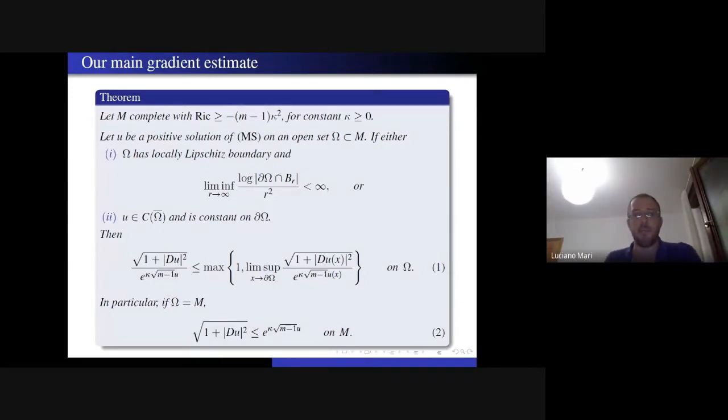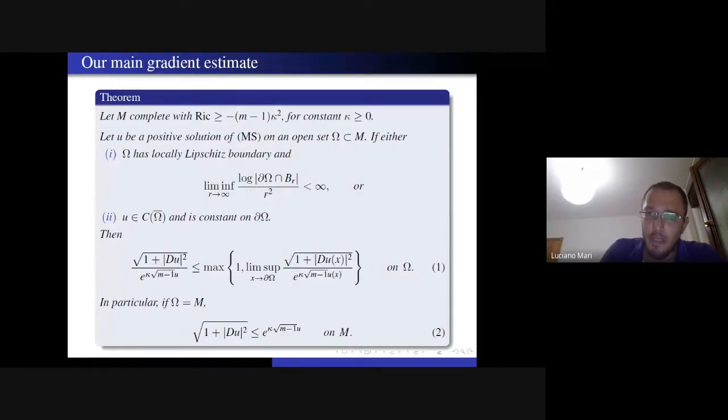So it's a maximum principle at infinity in the form of the maximum principle theories of Cheng-Yau and then Pigola, Rigoli, and Setti, in a series of works. In particular, if omega is M, the boundary condition is vacuous, and you have this nice, clean estimate.